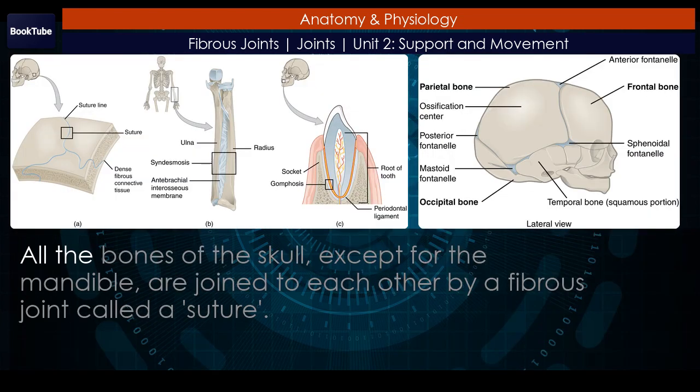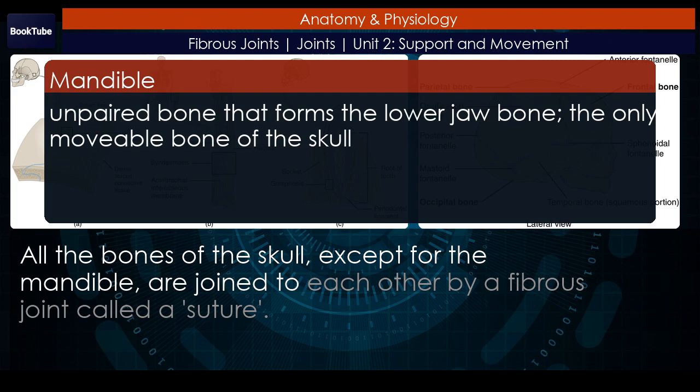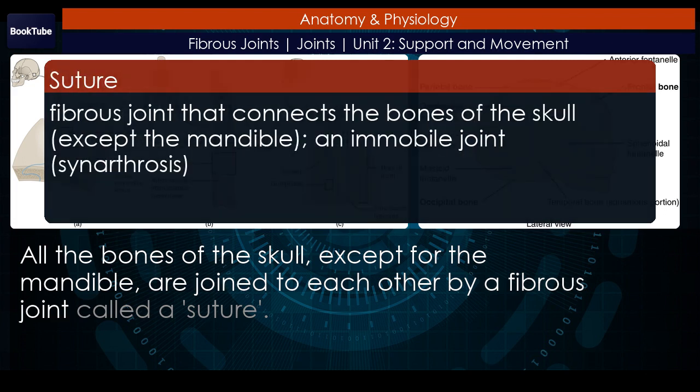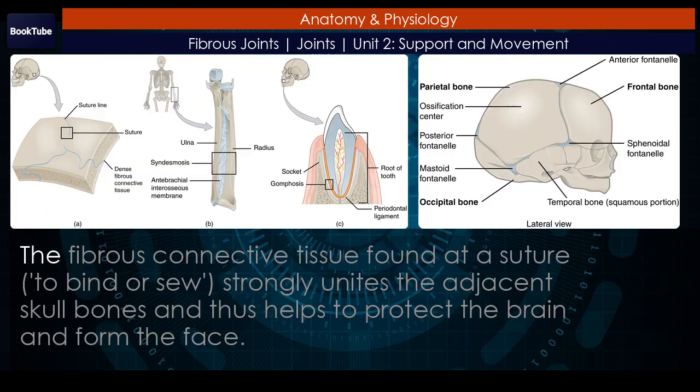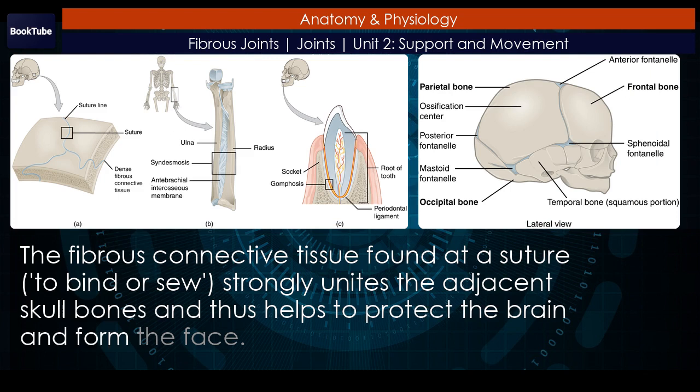Suture. All the bones of the skull, except for the mandible, are joined to each other by a fibrous joint called a suture. The fibrous connective tissue found at a suture, to bind or sew, strongly unites the adjacent skull bones and thus helps to protect the brain and form the face.